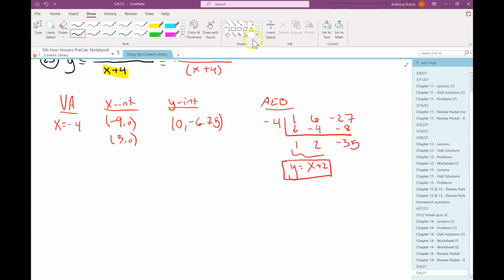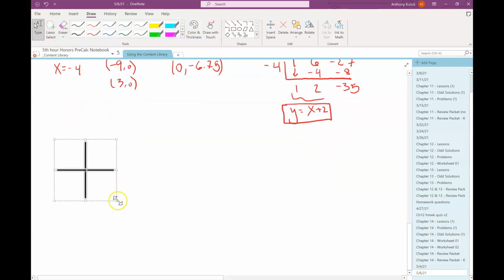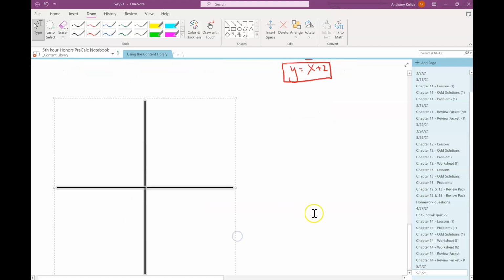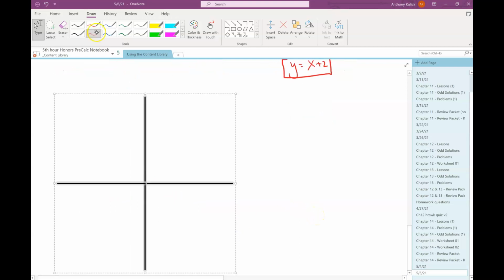So let's get ourselves an axis here and put some of these things on there. 1, 2, 3, 4, 5, 6, 7, 8, 9.